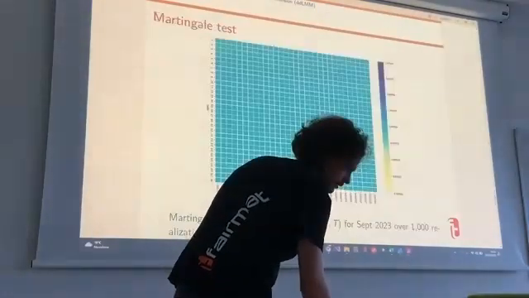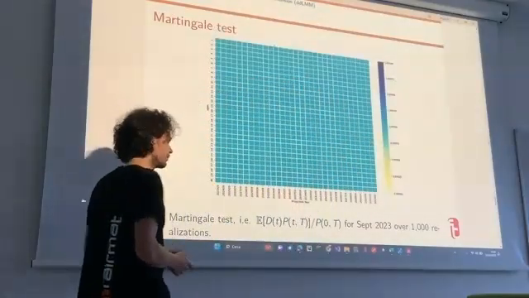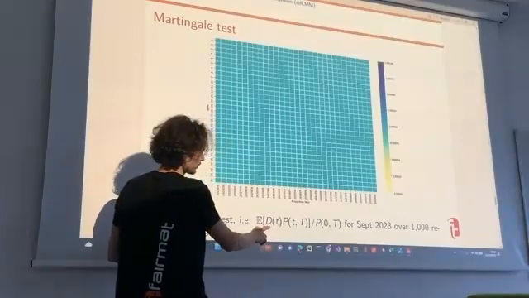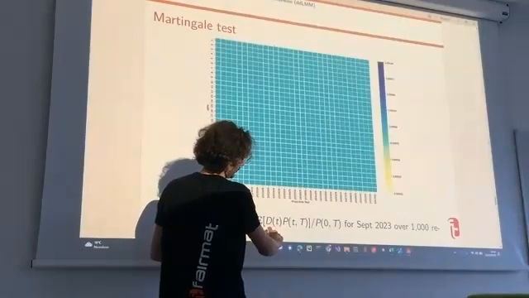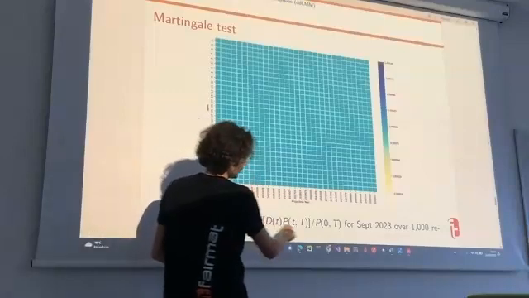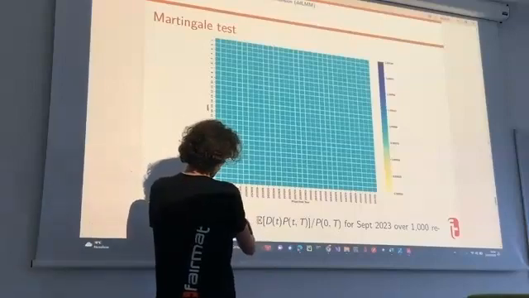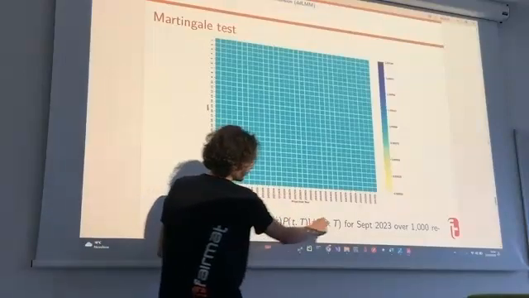Nice, and then the martingale test. The martingale test is a little bit more tricky if you want, because what we are doing is that we have this ratio, and each one of these squares reports this ratio.